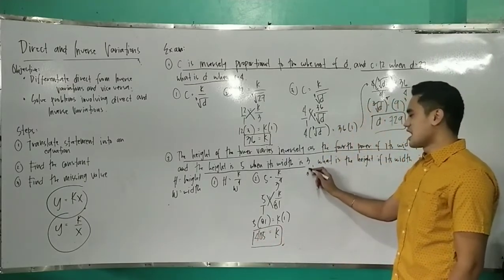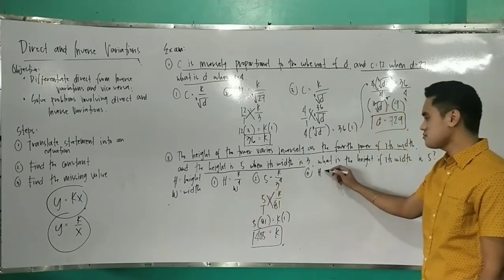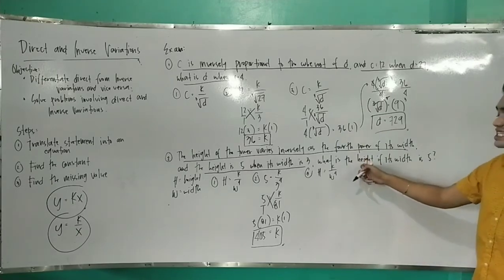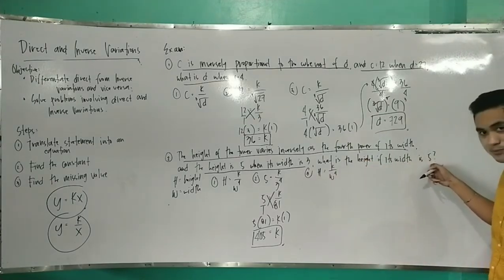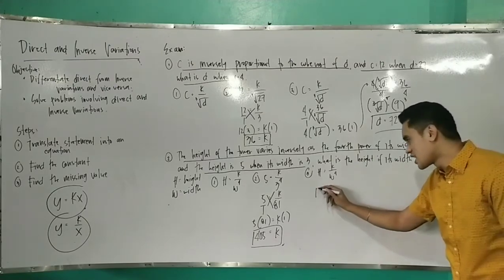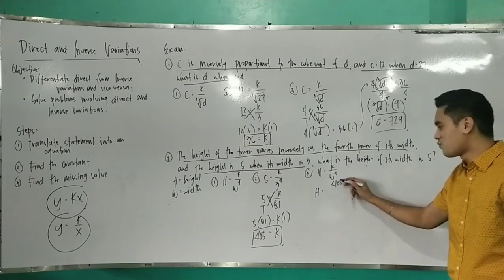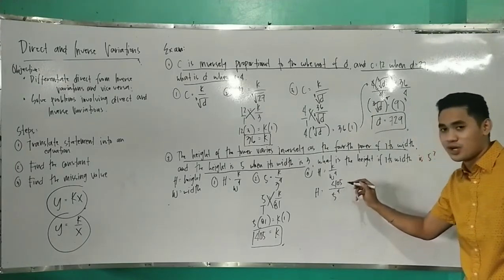Okay, so ang last step natin, gagamitin natin yung equation. Ayan. So ang last step, what is the height? So height ang hinahanap if its width is 5. Okay. So height ang hinahanap, ang K natin, ito yun. So 405 over, ang width natin is 5 raised to 4. Ayan.